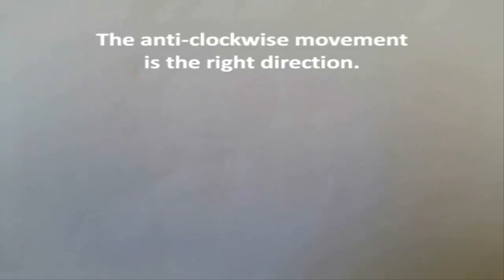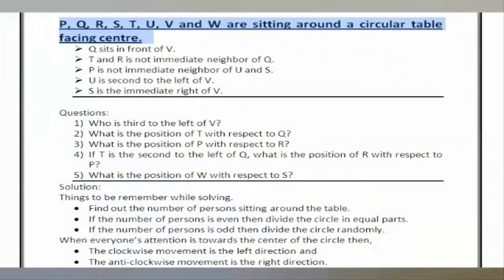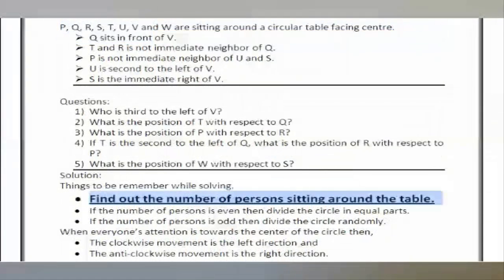Now we will move to our question. The question says P, Q, R, S, T, U, V and W are sitting around a circular table facing the center. Remember, the first thing we need to check is the number of persons sitting around a circle.